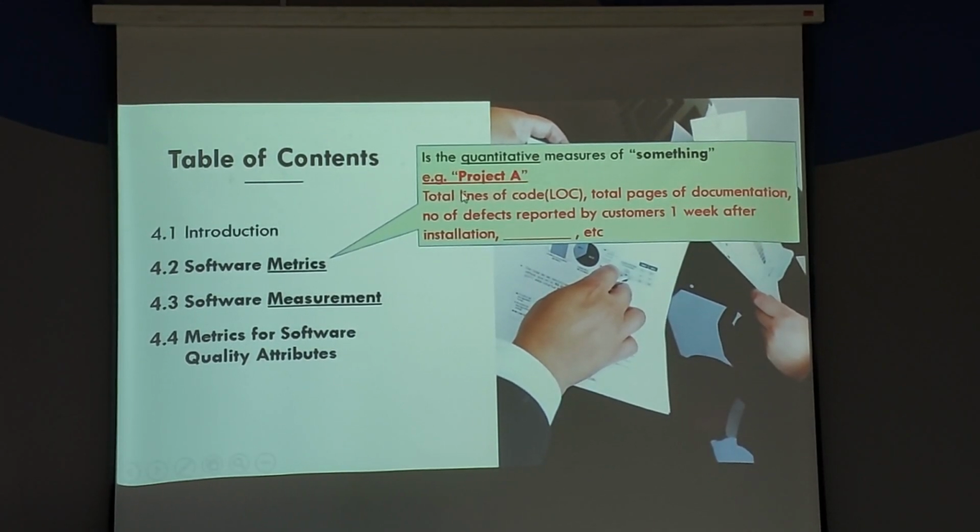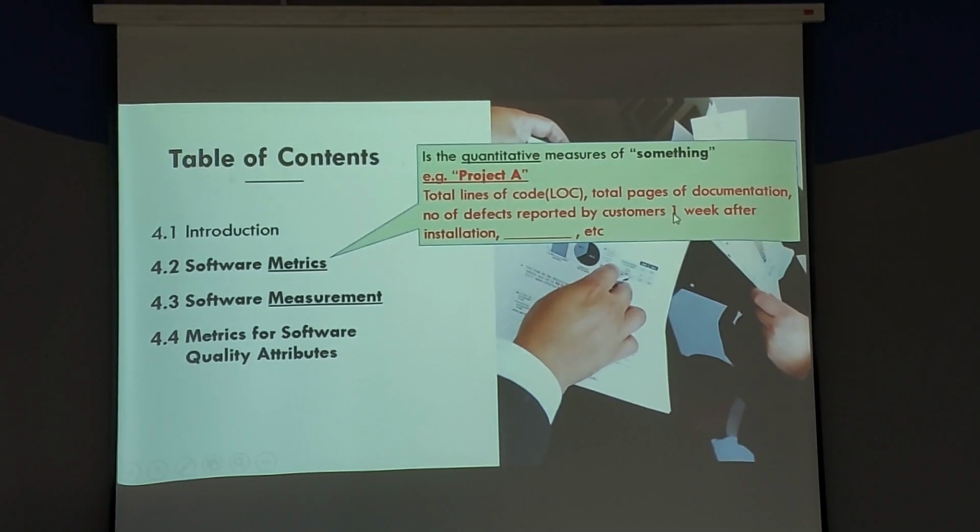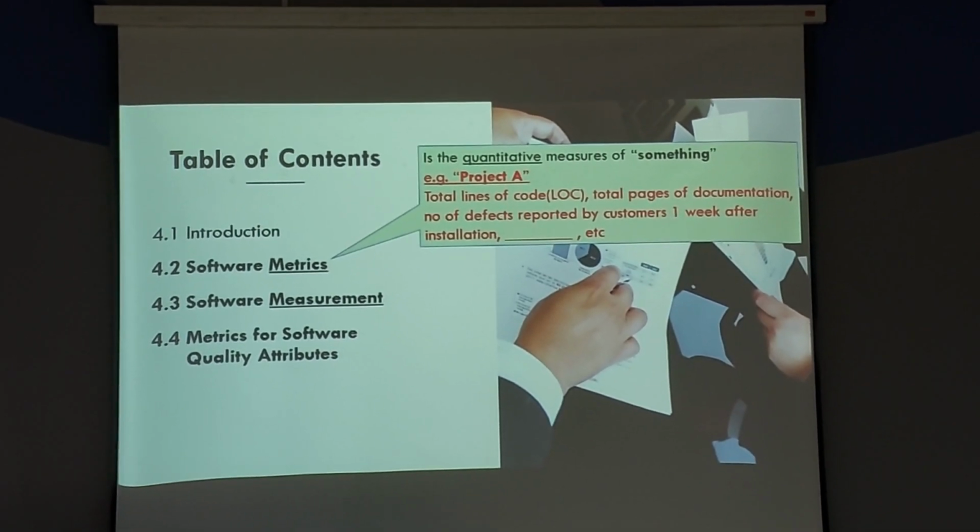So something can be a project. You can quantitatively measure a project. Example, for project A, you can measure total lines of code. For project A, you can measure total pages of documentation. Also number of defects reported by customer 1 week after installation.